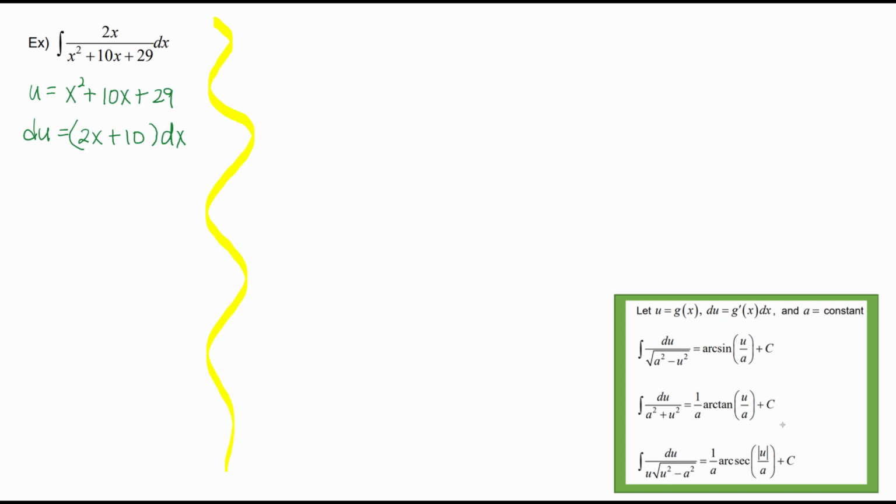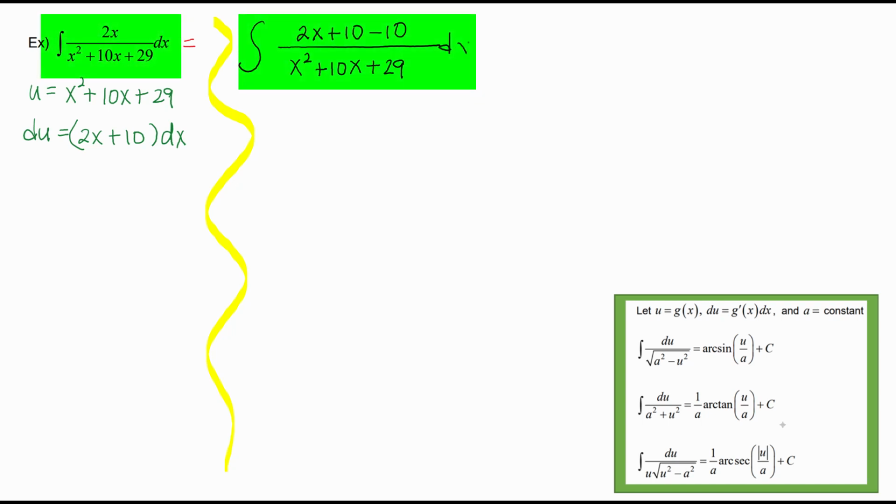Do the effect of adding 0. What you are going to do is, to this integral, you are going to add 10 and then subtract 10. What happens when you add 10 and subtract 10? Right, that's a 0. So you haven't done anything to the problem, right? No changes to the problem. These two expressions are exactly the same because 2x plus 10 minus 10 is 2x on the numerator.